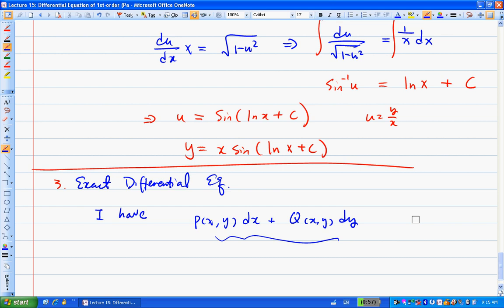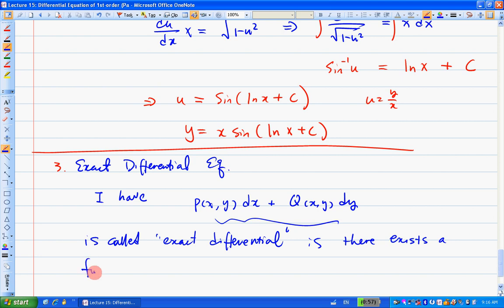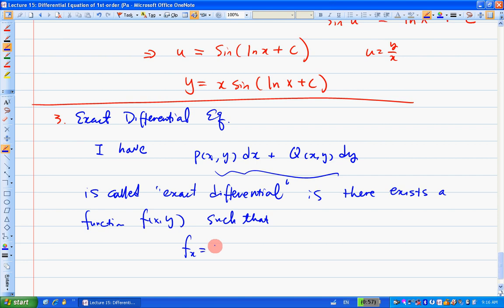However, this guy here is called an exact differential if there exists a function f(x,y) such that f_x equal to P(x,y) and f_y equal to Q(x,y). See the logic here? So here is an expression.